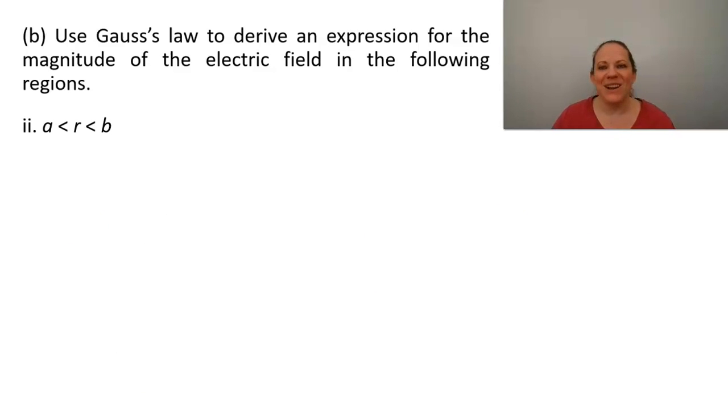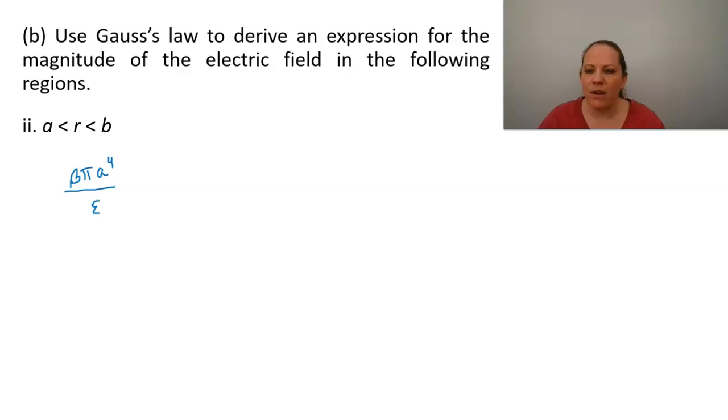Now we're going to use Gauss's law to derive an expression for the magnitude of the electric field in the region between the sphere and the plastic shell. Well, I'm not going to show you the first couple steps of applying Gauss's law because we just did that on the previous slide. But what I will go ahead and jump to is that step where we substituted for Q as a function of r, because in A part 2, we found it to be beta pi a to the fourth.